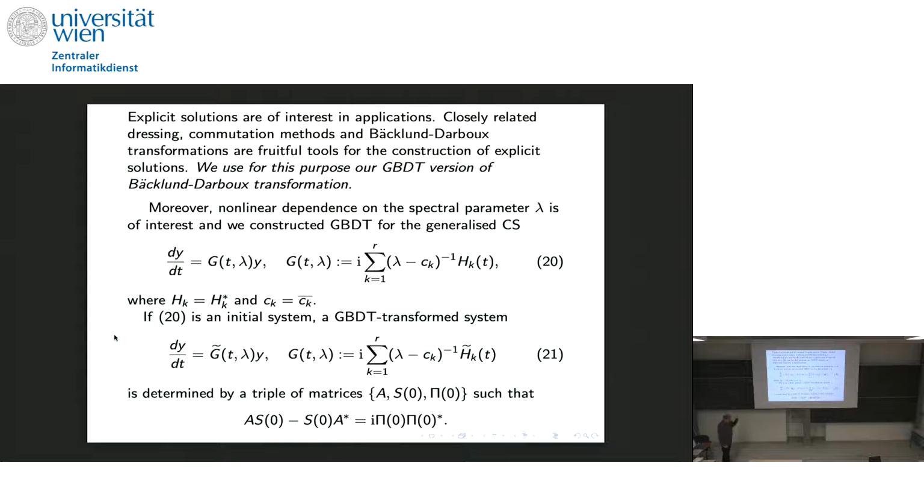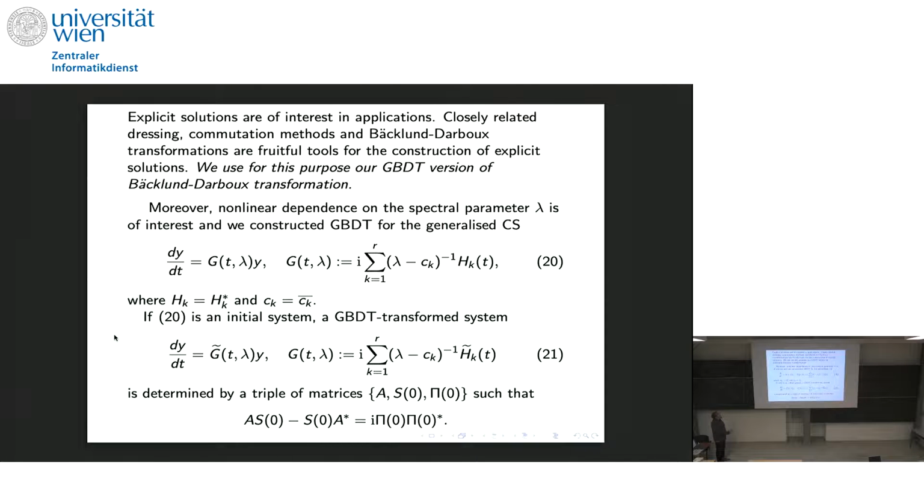And we constructed GBDT transformation and explicit solution for canonical system, but here I think it will be more interesting to talk about a certain generalization. That is some analog of canonical system with a rational dependence on the spectral parameter.